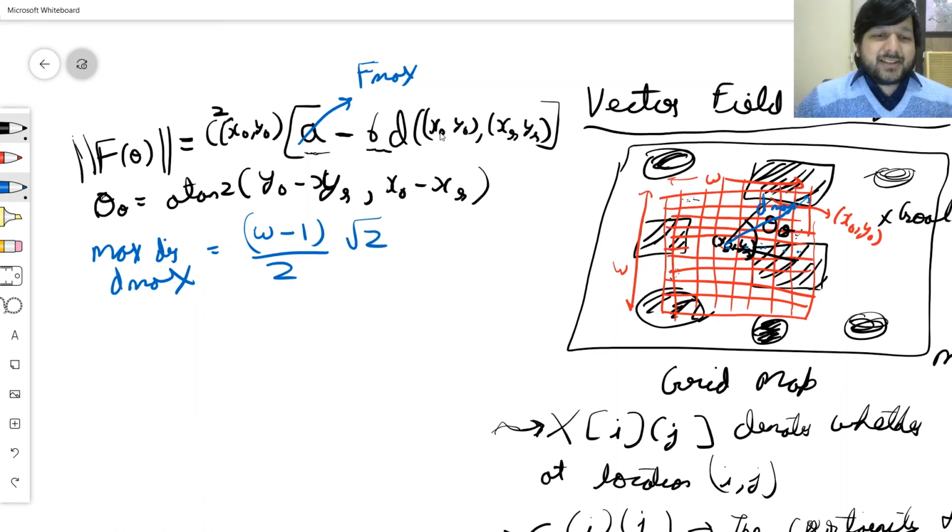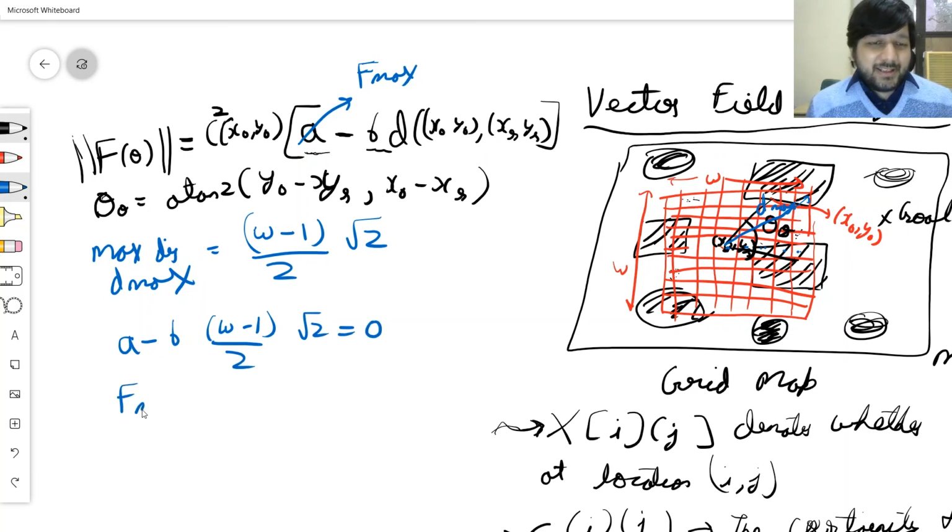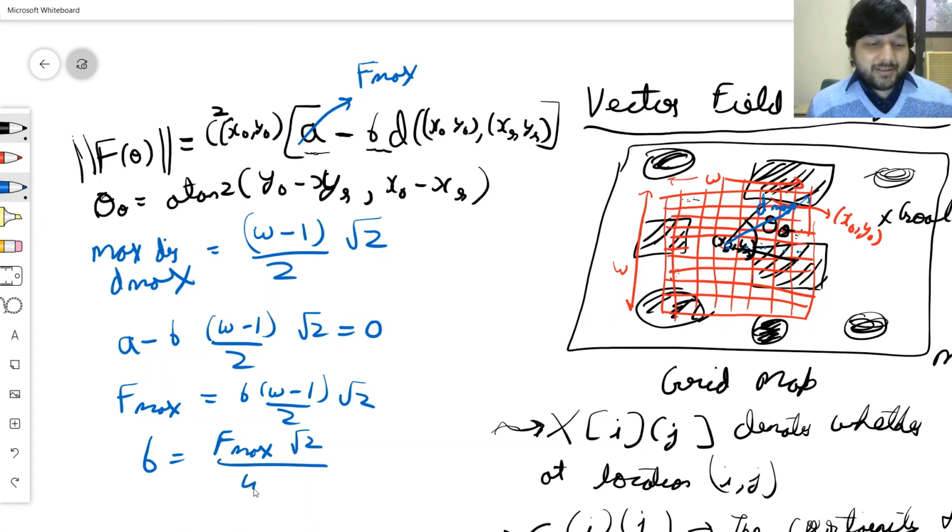So if I put this distance over here, it should become 0, which means A minus B times D max, (W minus 1) by 2 root 2, should be equal to 0. A is already F max, so F max should be equal to B times (W minus 1) by 2 root 2. That means B should be equal to F max root 2 divided by W minus 1. So these are intuitively easy to set.